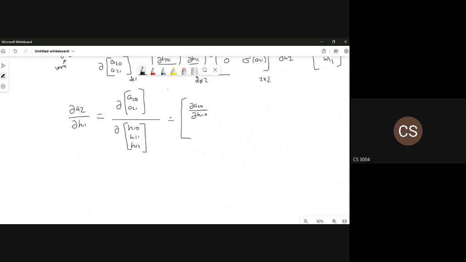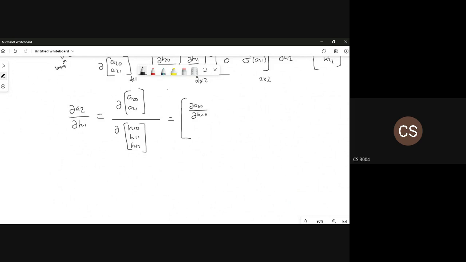Okay, so I think all of you agree. So I put a poll here. I'm just putting the options as O1, O2. O1 stands for the next element being dou a2 1 by dou h1 0.